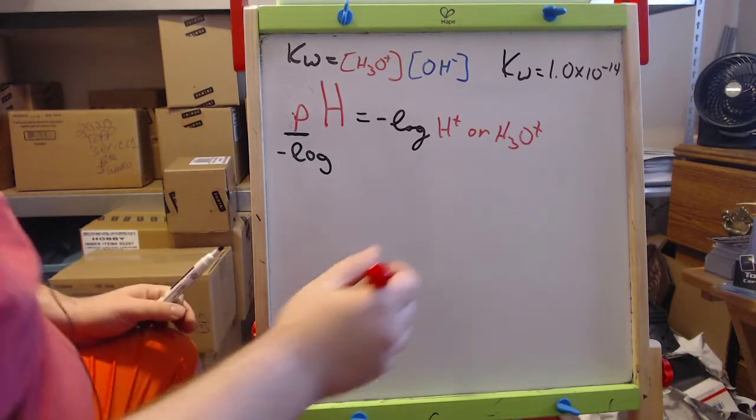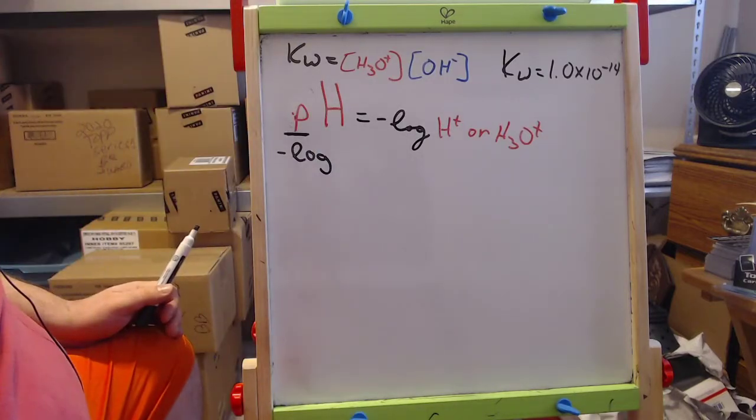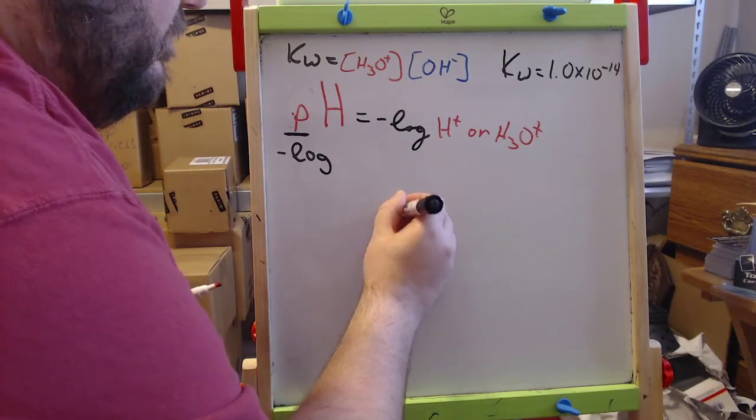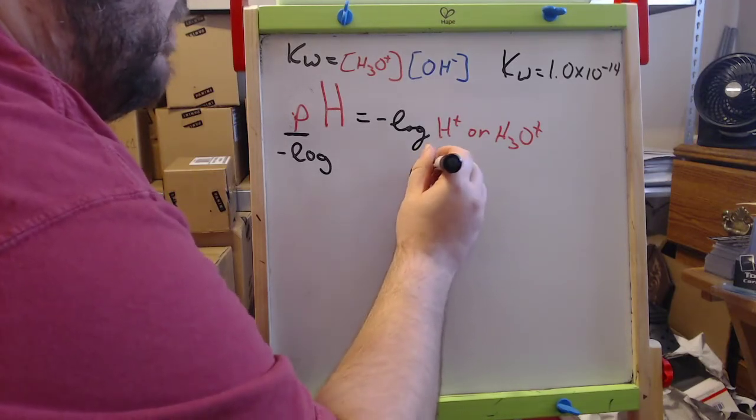Well, we all learned the pH scale at some point in time, where 7 is neutral. So we're going to call this the pH scale.